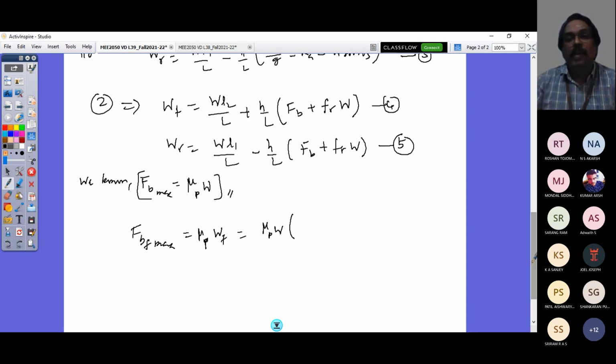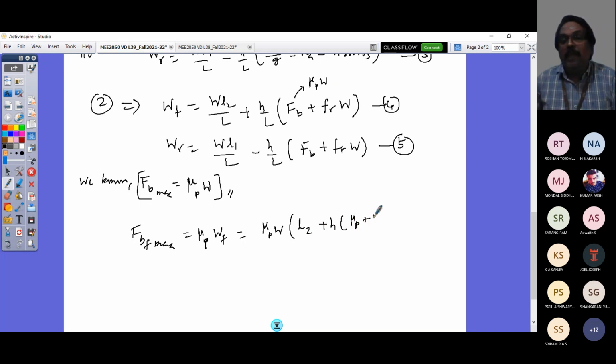I'm taking W out of the fourth equation and replacing it by mu P times W. If I do that, I take this out, and inside I will have L2 plus H into mu P plus FR.